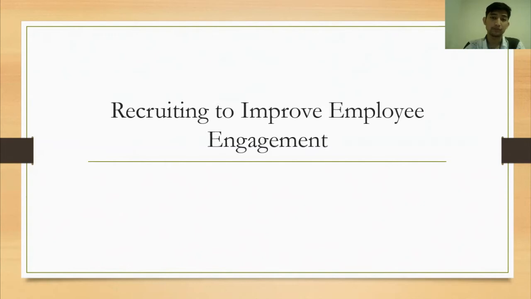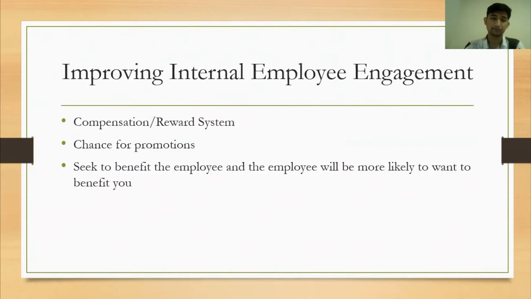Now it's recruiting to improve employee engagement. How we can improve the internal employee engagement here is we can implement a compensation or reward system, which is similar to the chance for promotions as well. Since they will be rewarded or be promoted through their work, they would be more motivated to work harder and to raise the quality of their work to increase the chances of getting rewarded or promoted.